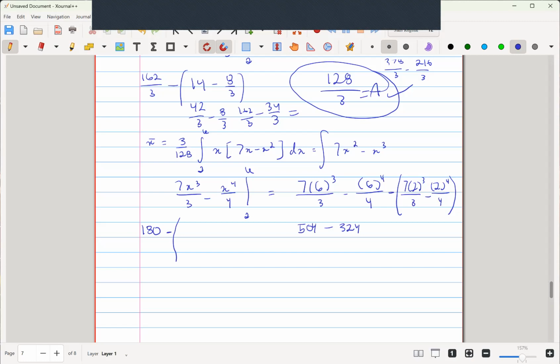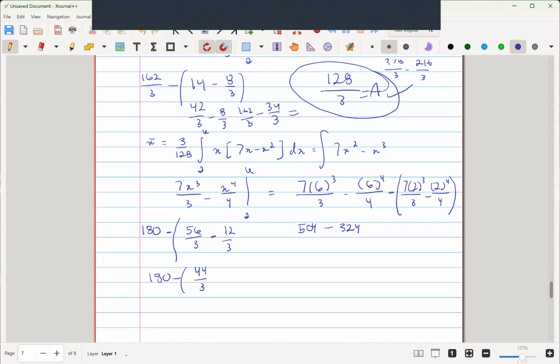Yeah, it's over 3. 56 divided by 3 is not divisible. Minus 2 to the 4th, which is 16, divided by 4, which is 4. So we have 12 over 3, which is 56 minus 12, is 44 over 3.